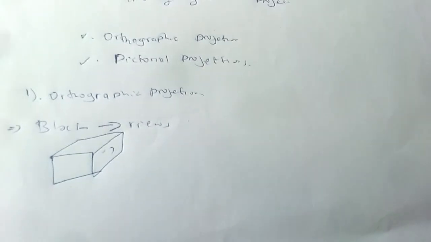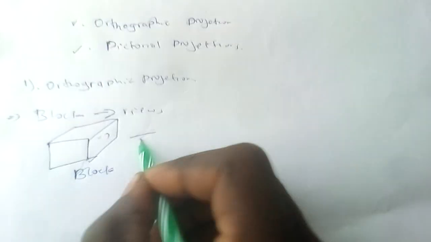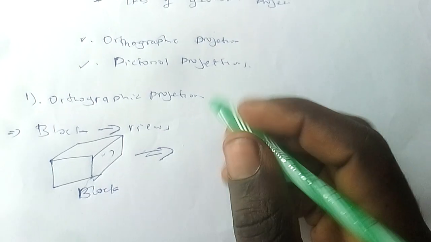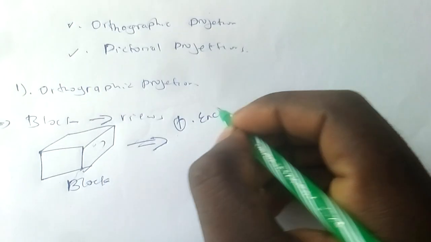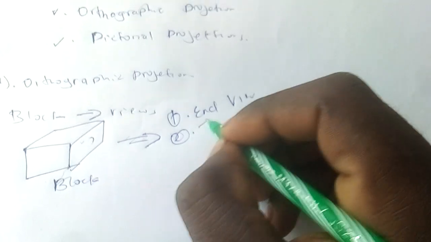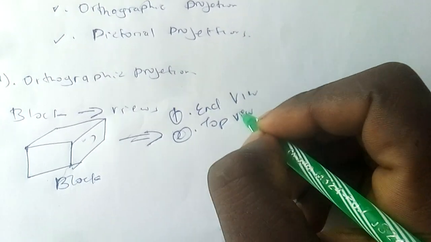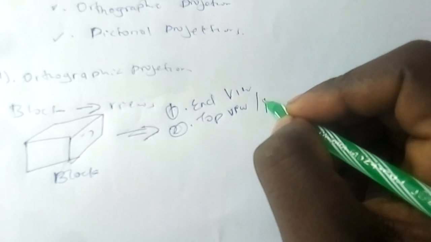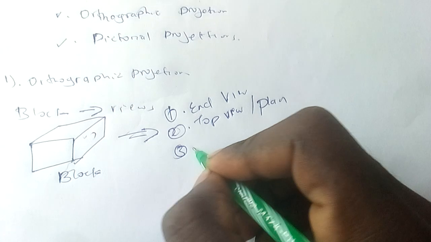You are required to come up with the views, and you have three types of views. View number one, we have the end view. View number two, you have the top view, also known as the plan. And view number three, we have the front view.